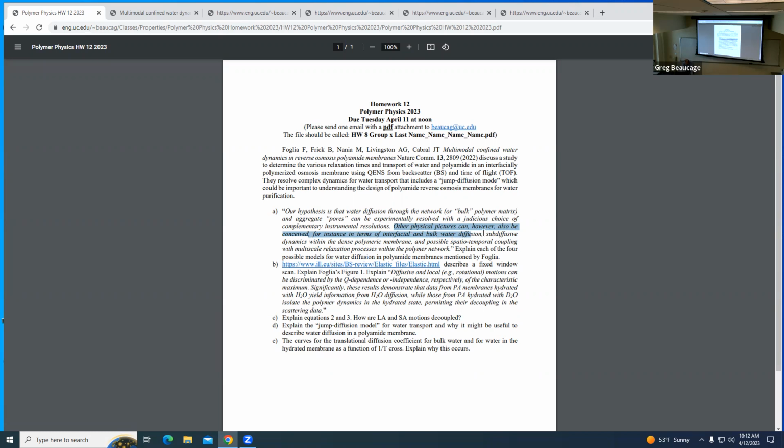Whether or not it's true is another story, but subdiffusive dynamics and then spatiotemporal coupling with multi-scale relaxation processes. So I think the spatiotemporal is kind of like the jump diffusion thing.